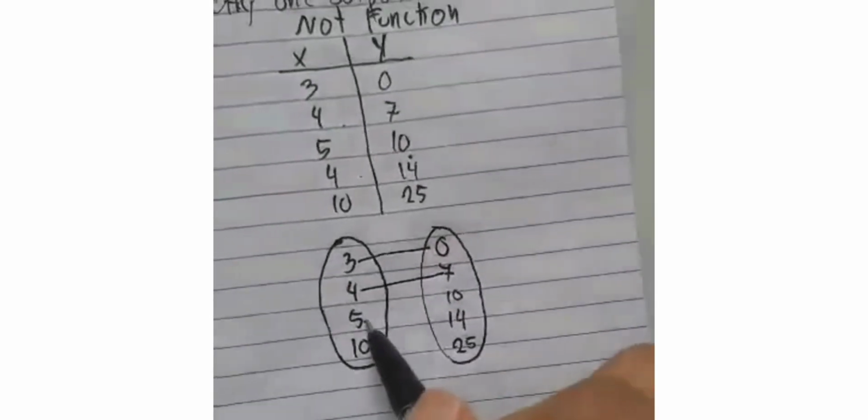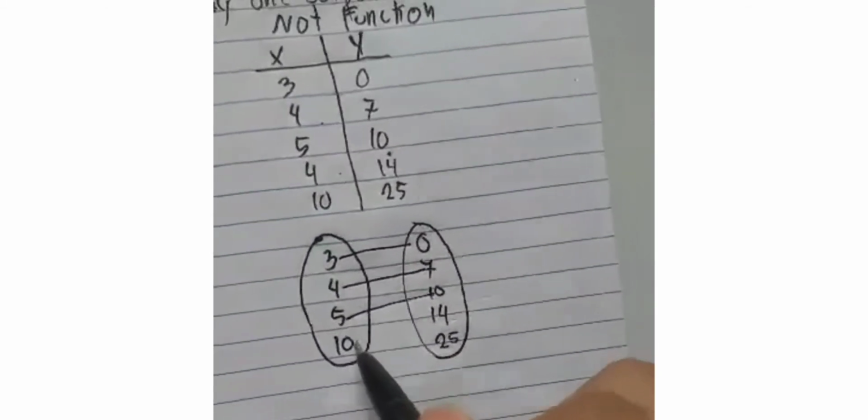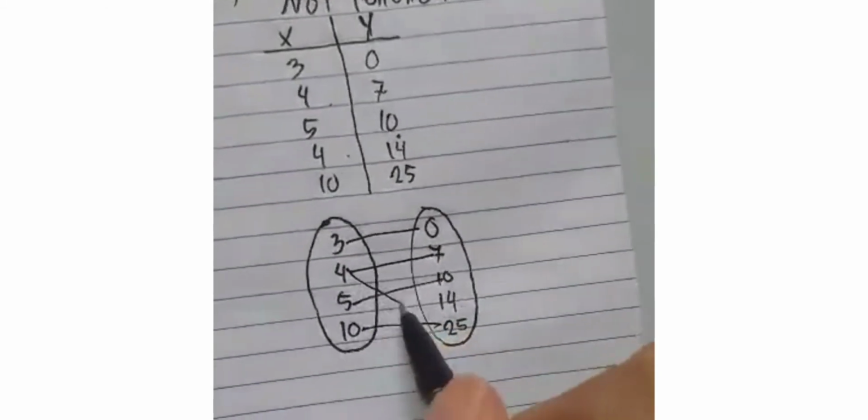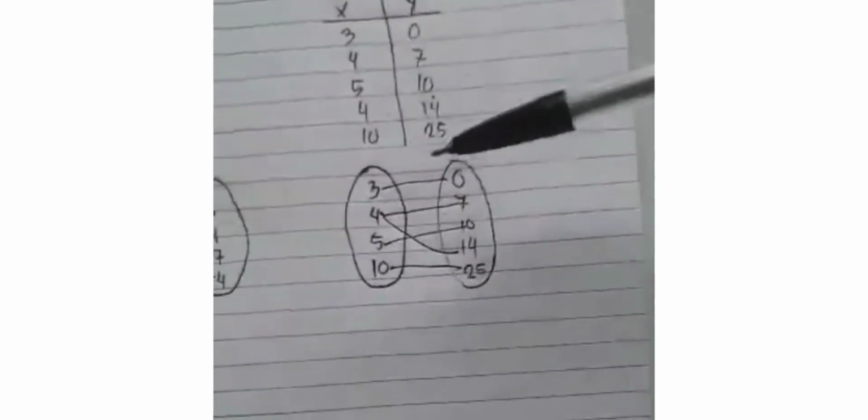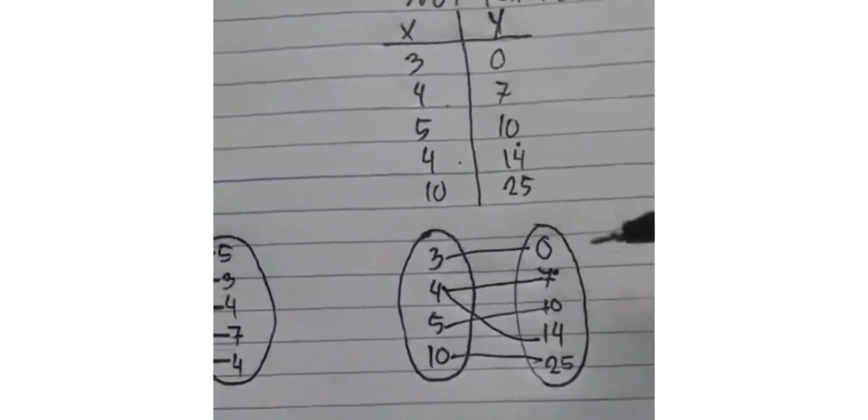So therefore, this would not be a function. But we'll also map it to illustrate better. So 3, 4, 7, 10, and so notice that 4 has two outputs, 7 and 14, and this is the reason why this is not a function.